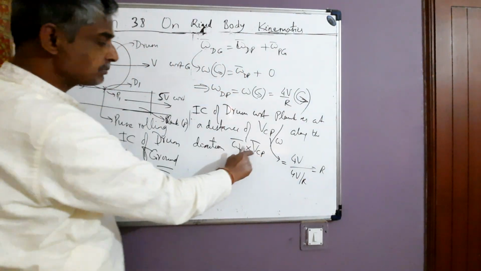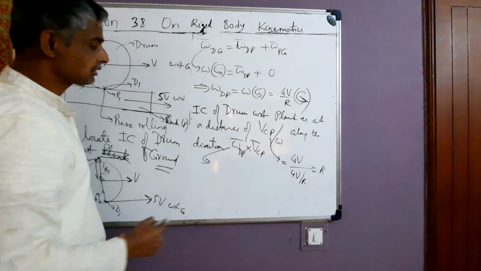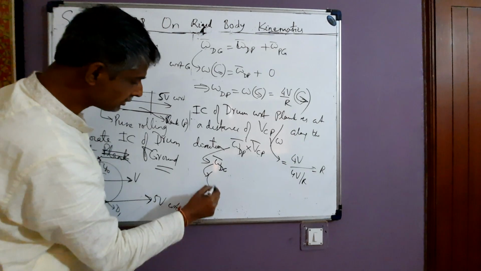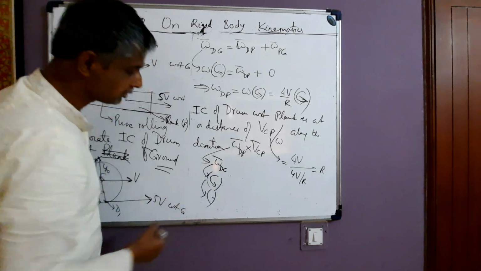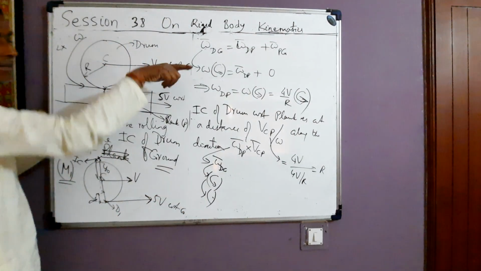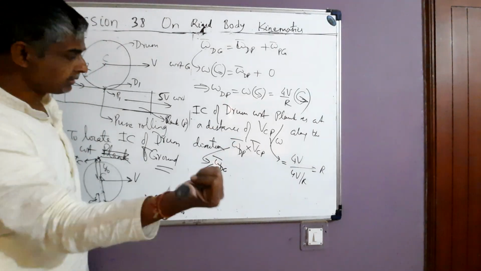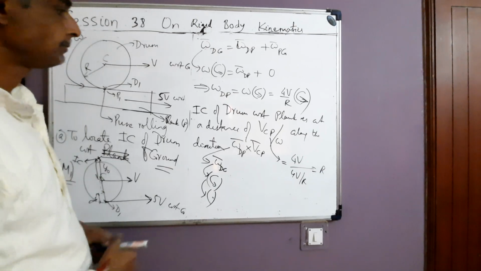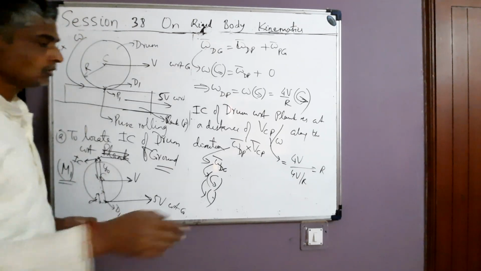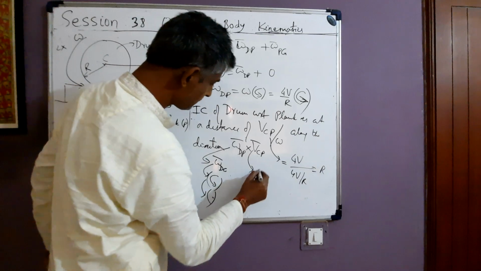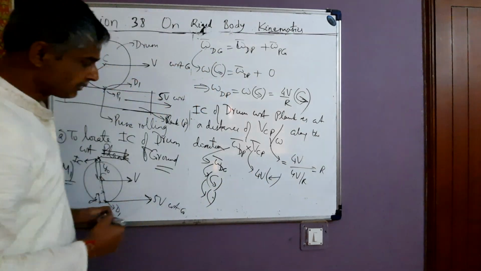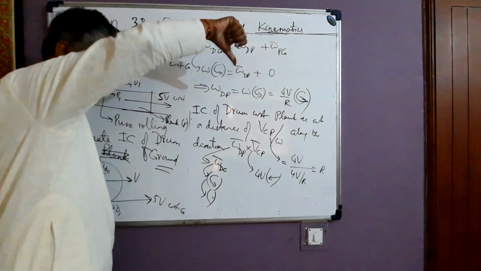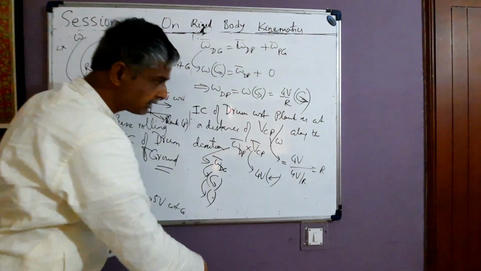Along which direction? Omega DP cross VCP. Omega DP is the angular velocity of drum with respect to Planck, the same as with respect to ground, anti-clockwise, so the direction is dot, outward. VCP is rightward. So this becomes a cross product, and omega DP cross VCP is in the downward direction.